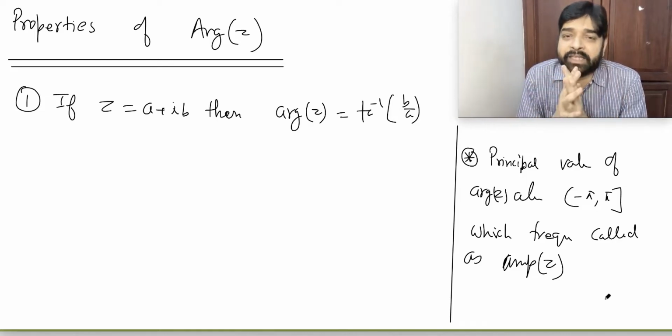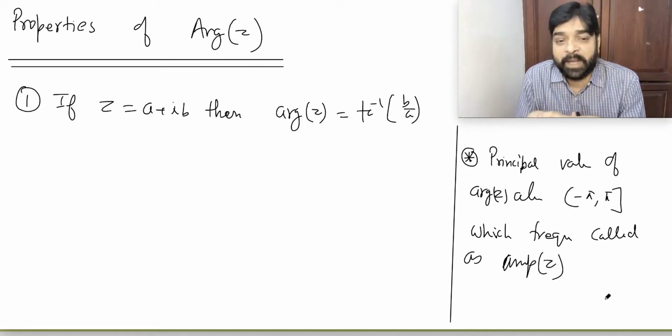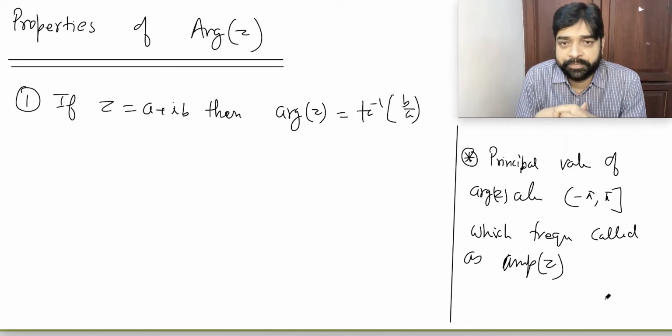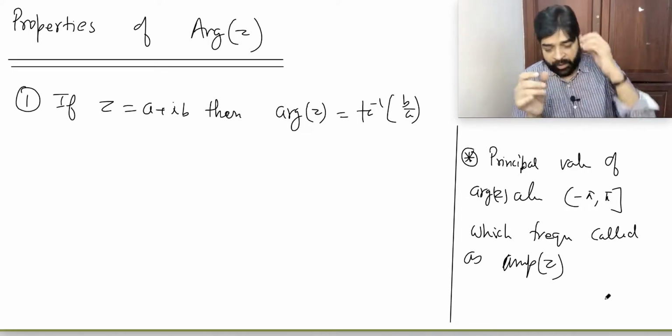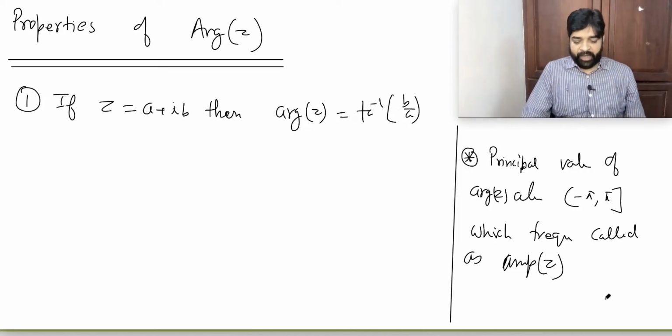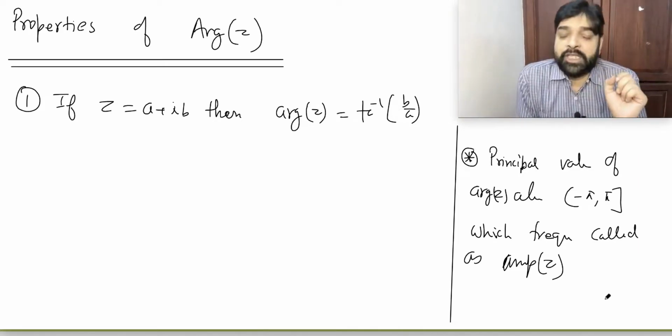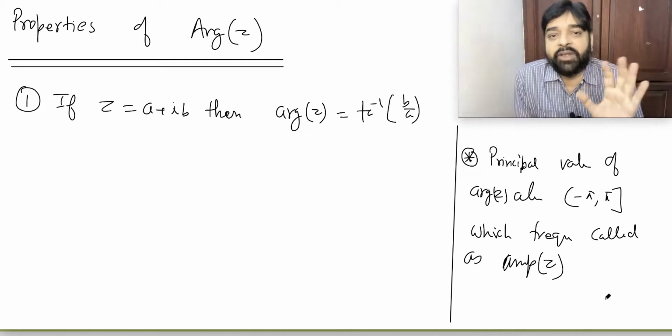But if they are asking amplitude Z, they are asking you the principal value, which should lie between minus pi and plus pi, minus pi open and pi close. Understand? Remember, whenever you have to calculate argument Z, always consider the principal value only. By default, it's a principal value.